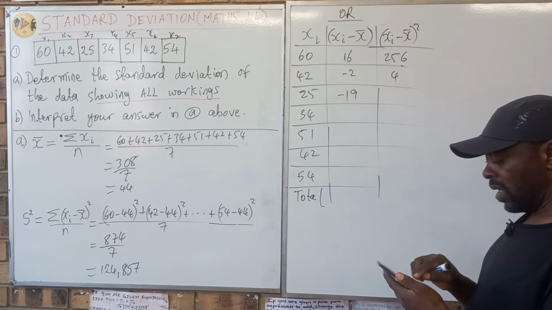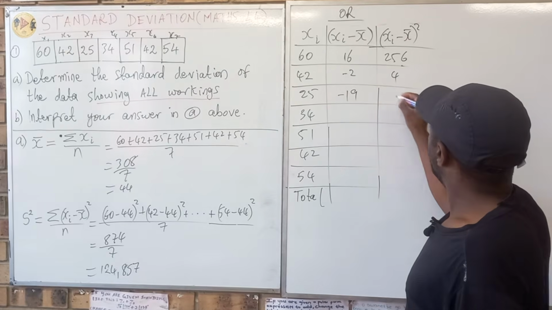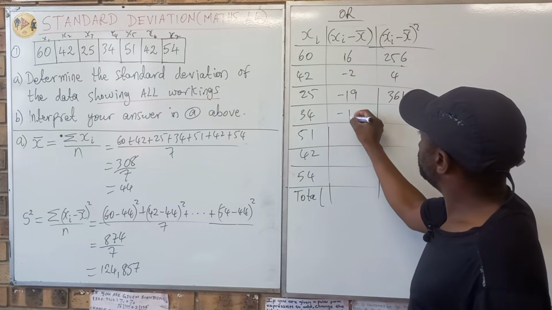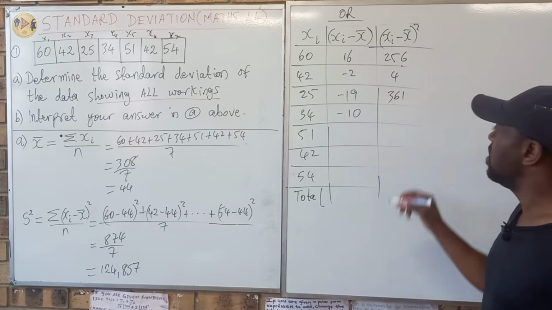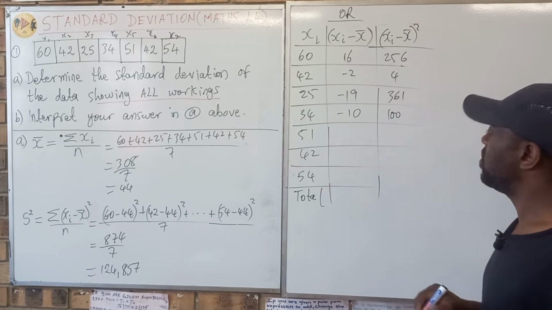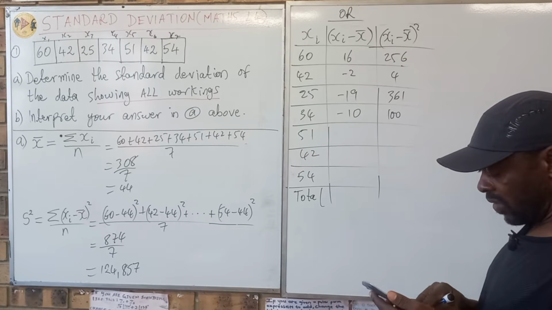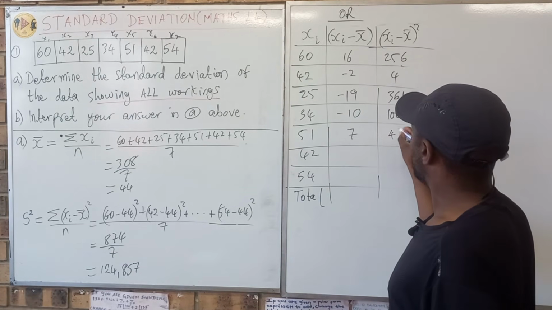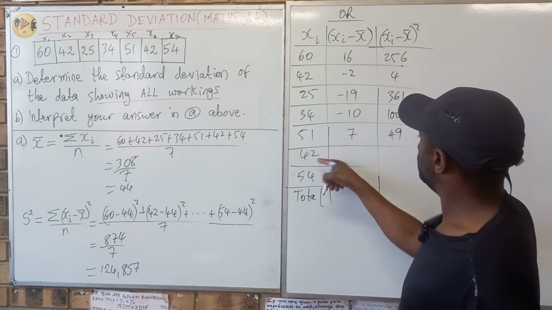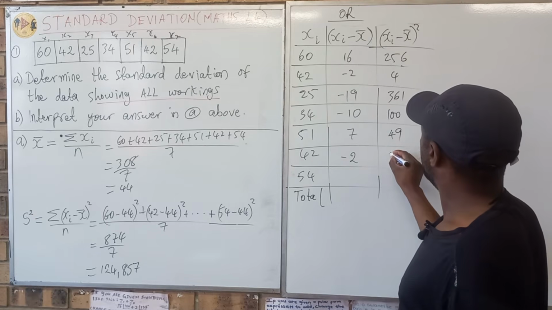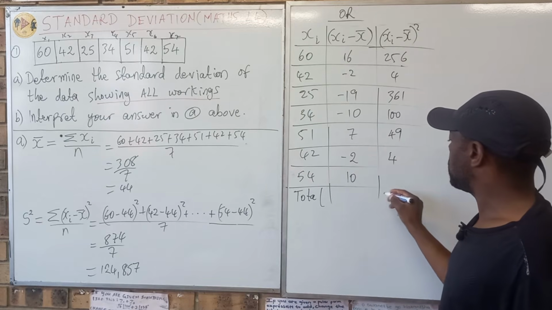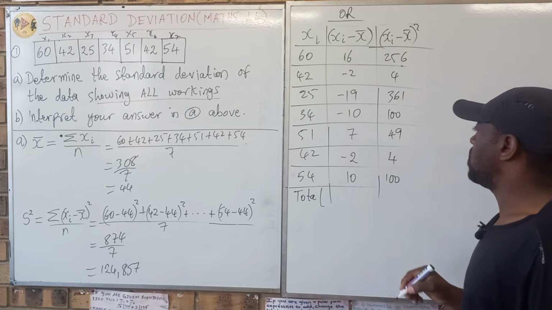If I square negative 19, I get 361. 34 minus 44 is negative 10. I square negative 10, it is 100. 51 minus 44 is 7. You square 7, you get 49. Then 42, we've seen that before, it will give us negative 2 and 4. 54 minus 44 is another 10, you square it, it's 100.